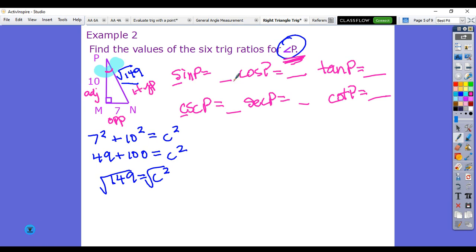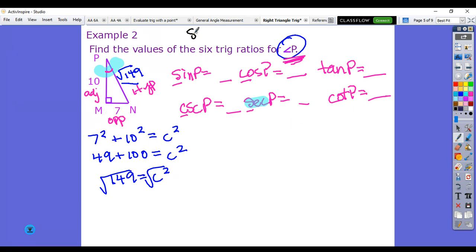If this is cosine, it's secant. Tangent gets cotangent. Probably the best thing I've ever heard: secant comes second. So if you always go sine, cosine, tangent, secant comes second. Cosecant, secant, cotangent.